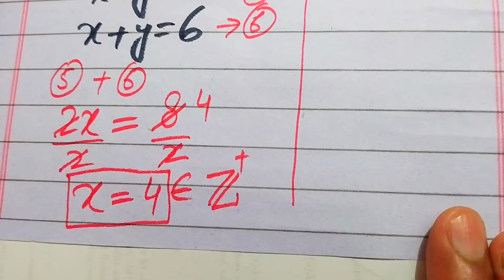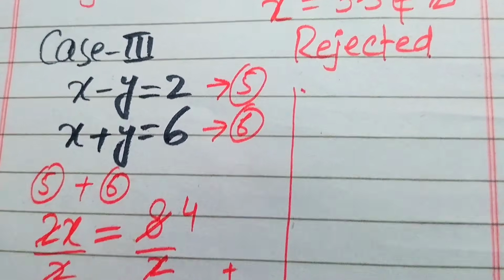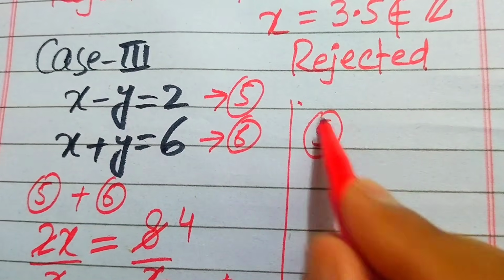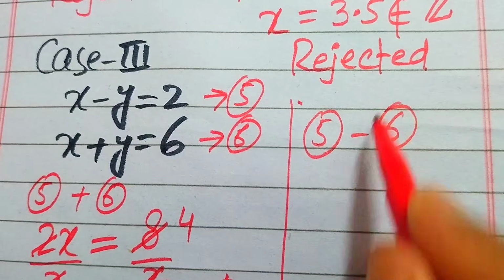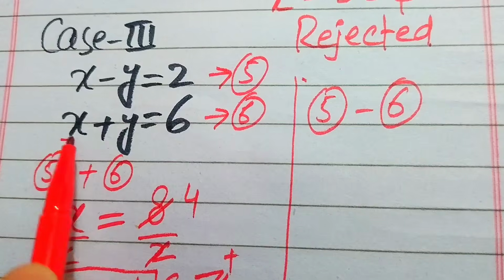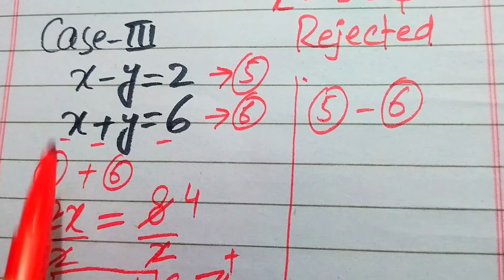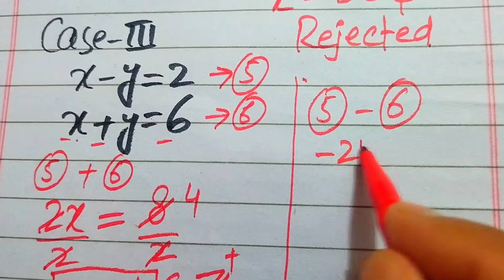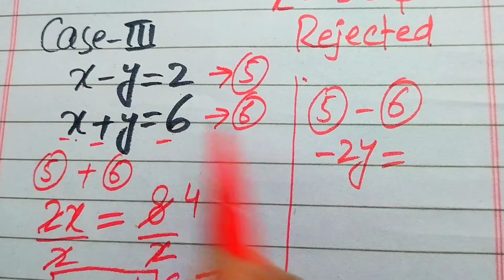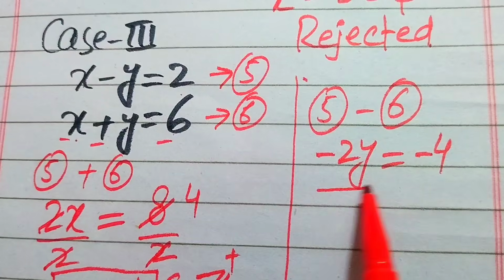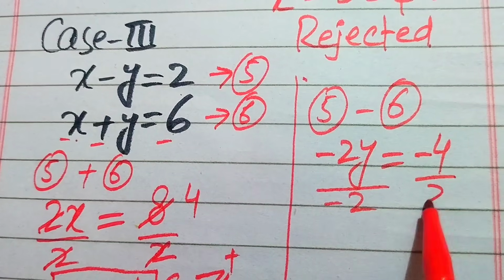And now in the next step, we first added equations 5 and 6, and now we subtract equation number 5 and equation number 6. When we subtract these two equations, we just need to change the sign. So x and x are gone, and we get minus y minus y becomes minus 2y, and 2 minus 6 becomes minus 4. And now we divide both sides by minus 2.